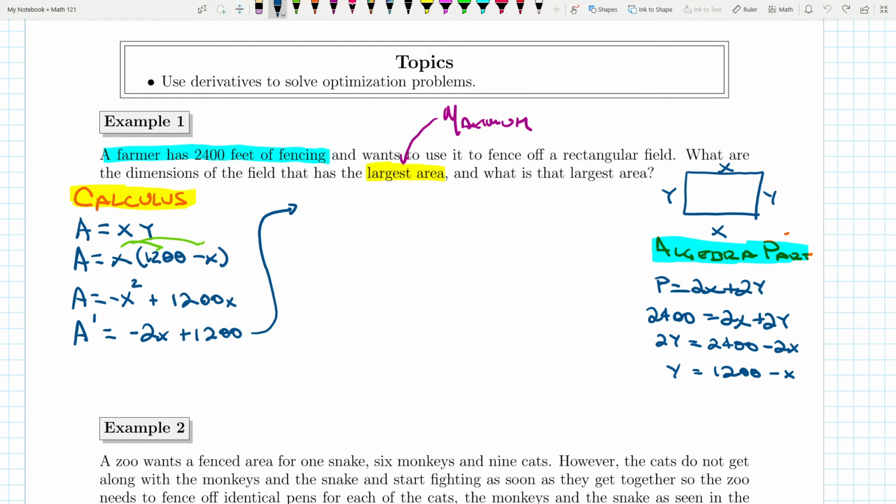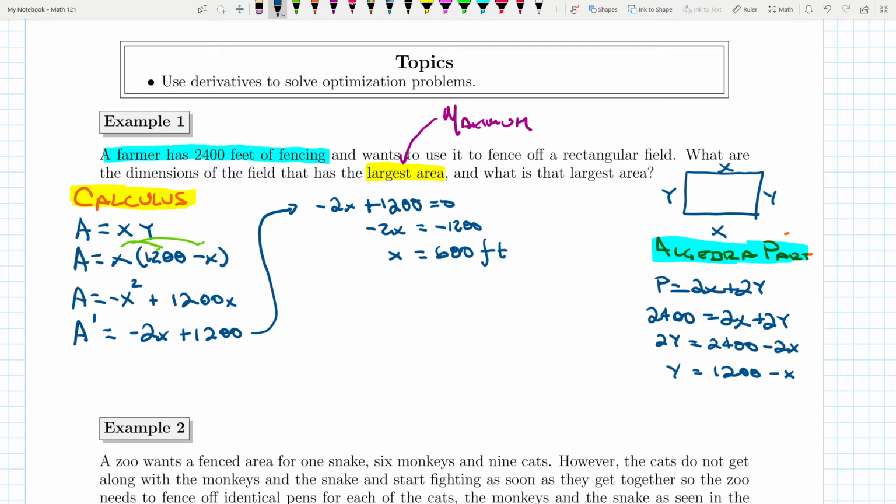So negative 2x plus 1200 equals 0. Negative 2x equals negative 1200, and x equals 600 feet, by the way. And that's the value that potentially will give us a maximum.